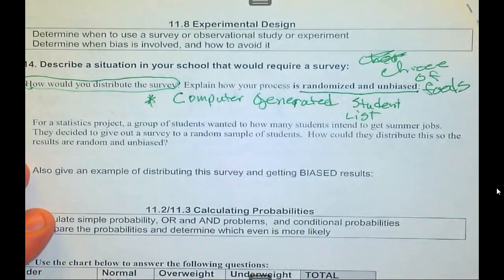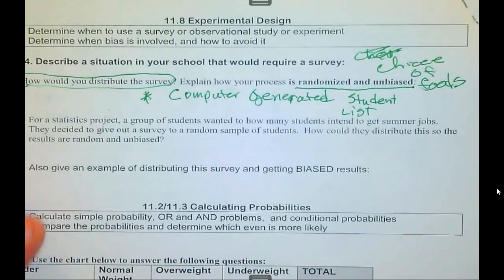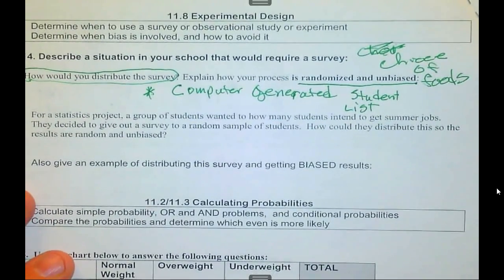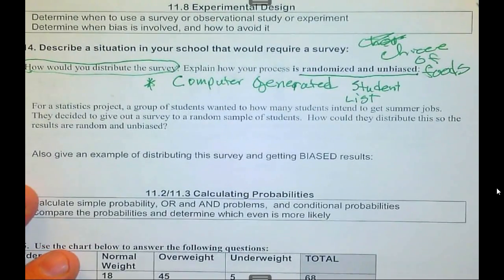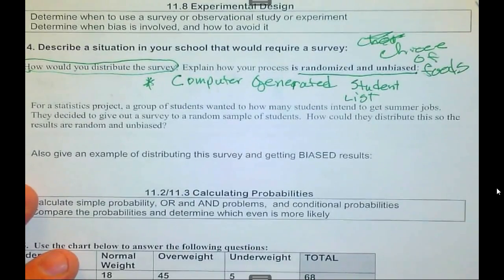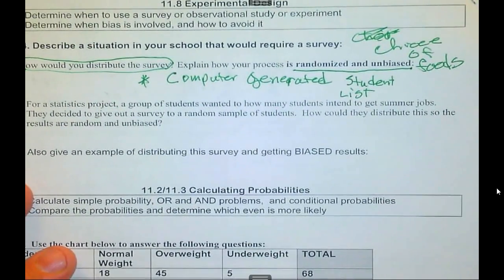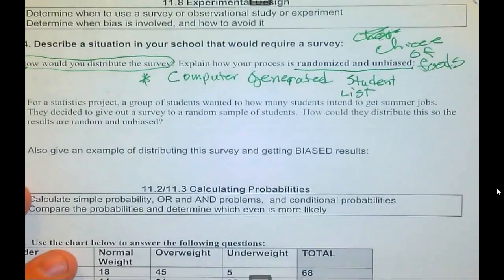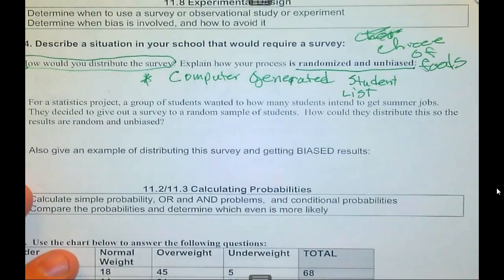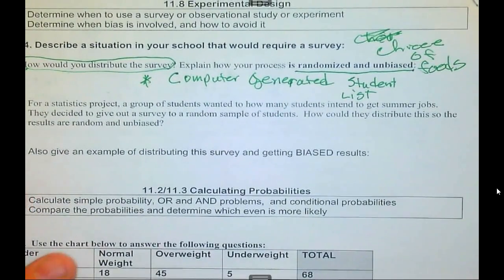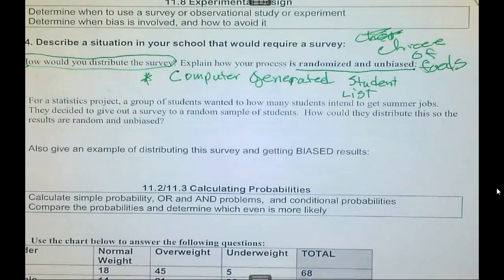And again, computer generated list. Easy. Also give an example of distributing the survey and getting biased results. Picking students that always buy hot dogs.